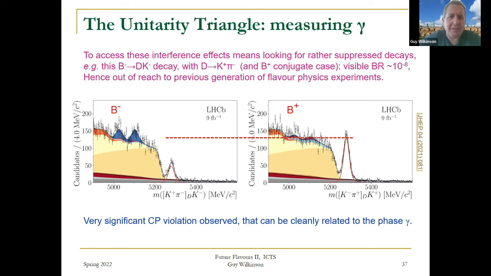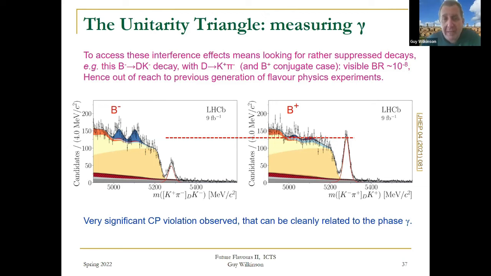For example, this decay, when you look at D going to K pi with this very specific sign configuration, so the D decaying to a different charge kaon to that of the B decay, has a visible branching ratio of something like 10 to the minus 8. But this was not seen at the B factories. We really needed the statistical muscle of the LHC. And it has been seen at the LHC, and you see it here very cleanly. This is from full Run-2 data.